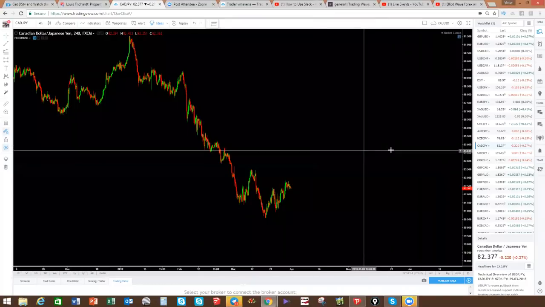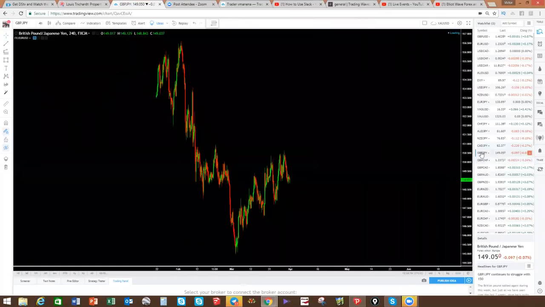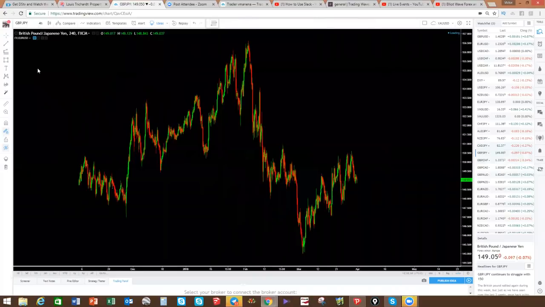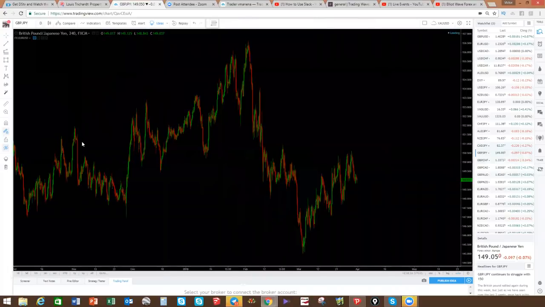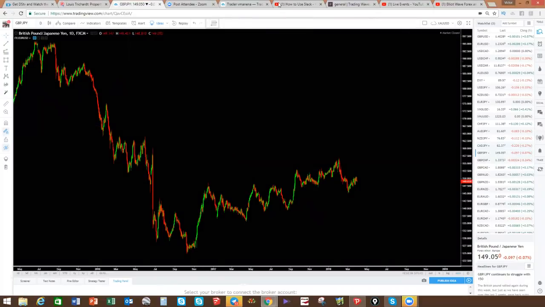Now the pound pairs, starting with pound JPY. Pound JPY, very interesting. If we look at it on the higher time frame first, to see what we were looking at. We're looking at this. Look at this.